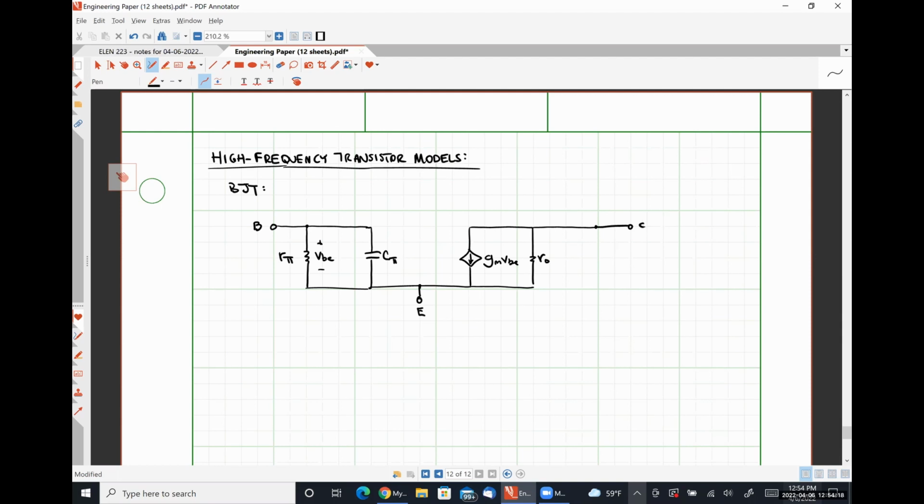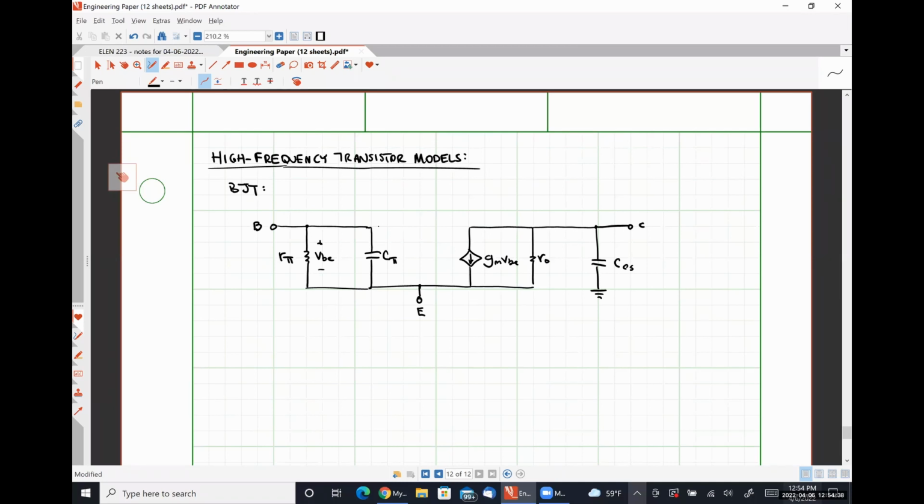And then here's our collector terminal. And we are also going to have a capacitance CS here from the collector to ground.